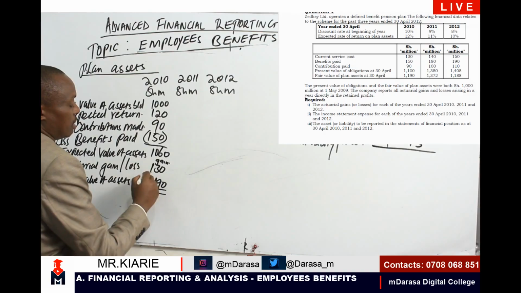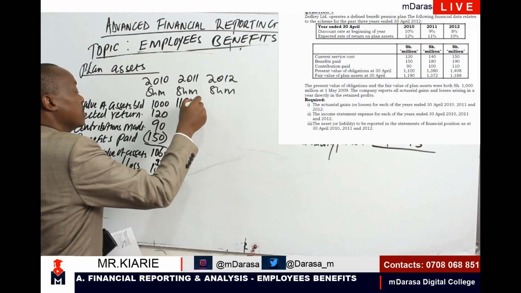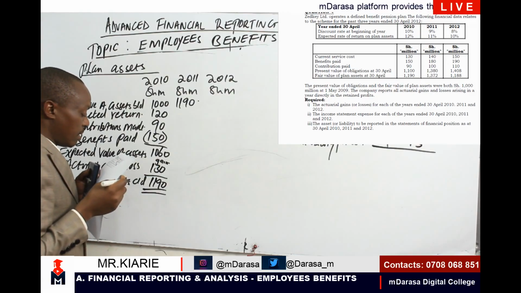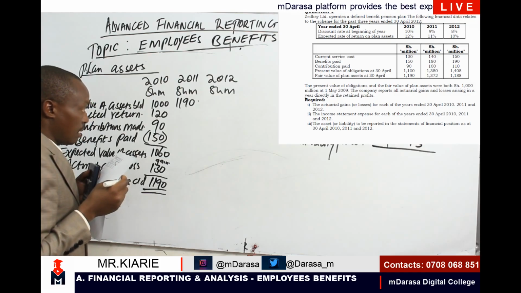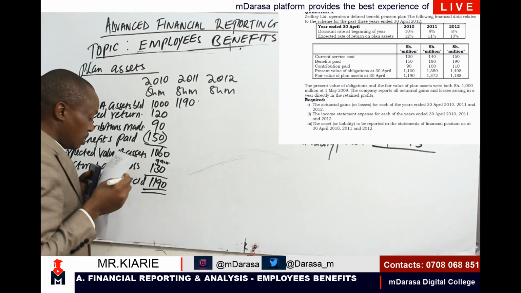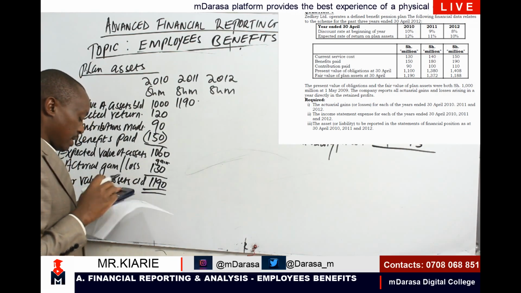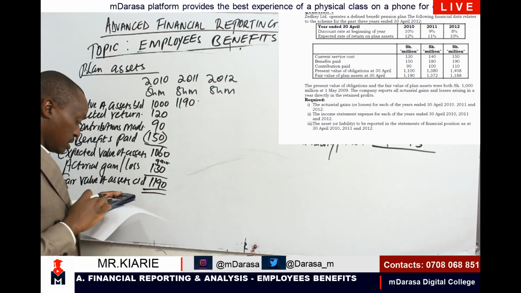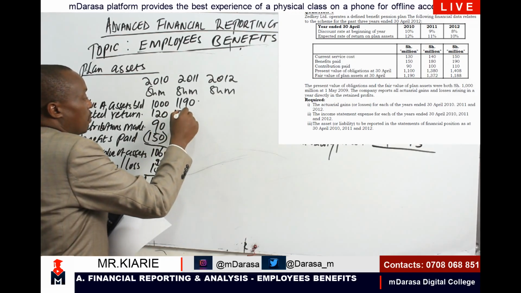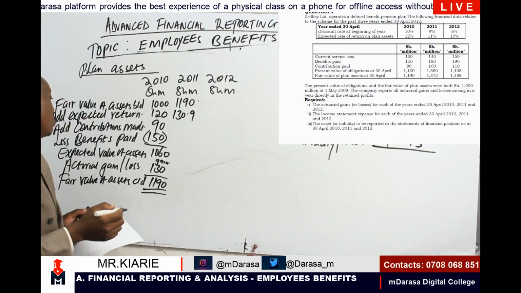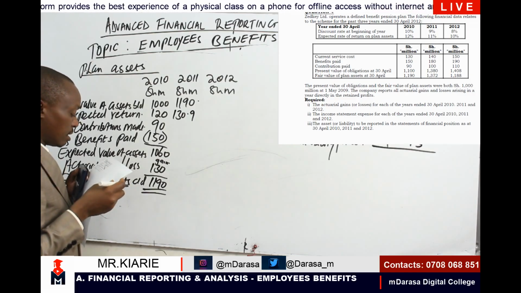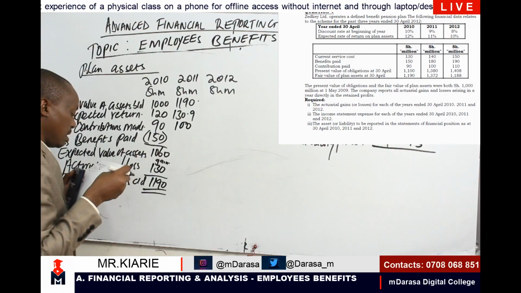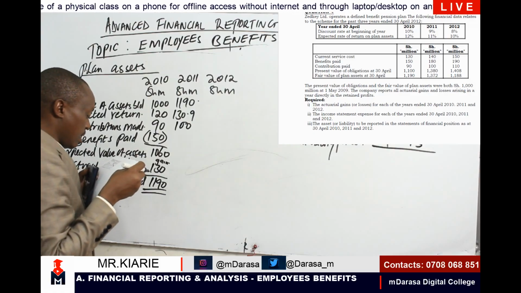So I open 2011 with 1190. I know that the expected return in 2011 was expected to be 11%. So 1190 times 11%, I get 130.9. Then contributions made in 2011 was 100. Benefits paid in 2011 was 180.